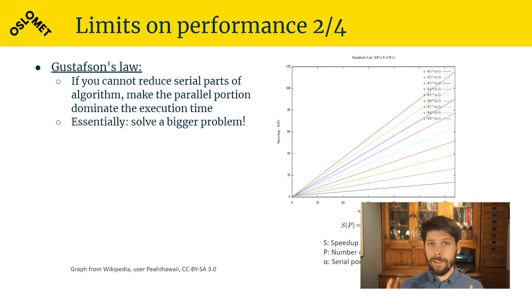And by making your parallel section much longer, you'll be able to get a higher speed up. So that's essentially Gustafson's law, which is more optimistic. And this sounds perhaps like cheating, but often it's not, because you can solve more accurate physics, you can solve more physics, and you can solve with a higher spatial resolution and these kinds of things. So by doing more work, you're going to get more accurate results in the same amount of wall clock time.